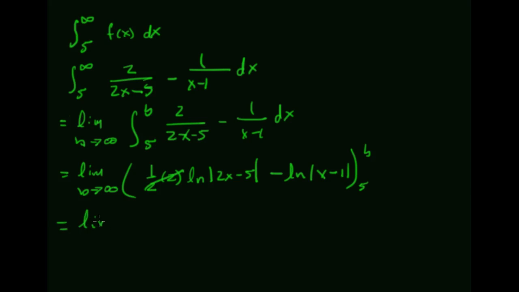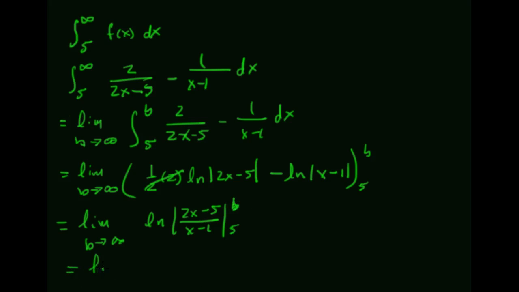I didn't do this in the work, but I probably should have. This just becomes the natural log of the absolute value of 2x minus 5 over x minus 1 from 5 to b, right?